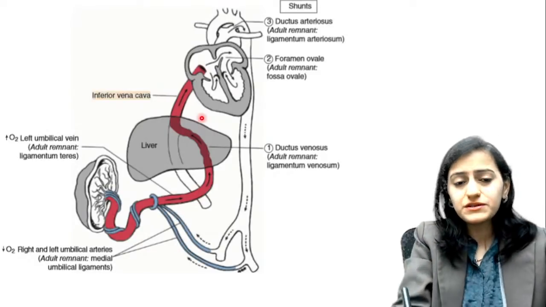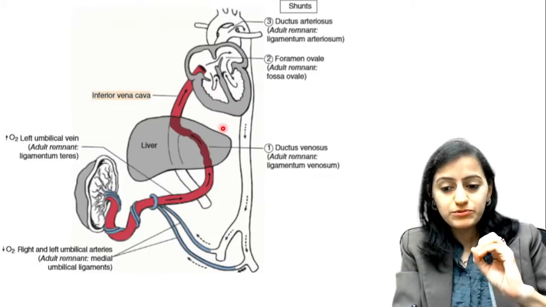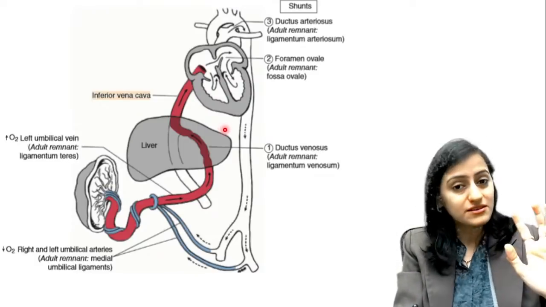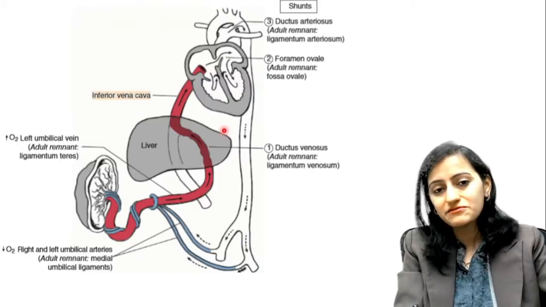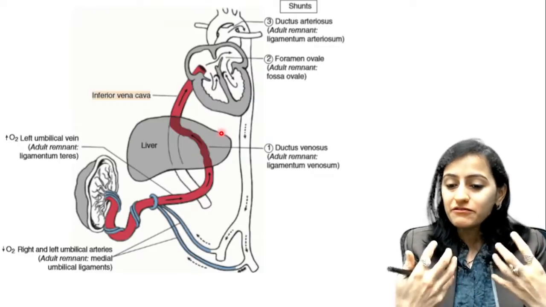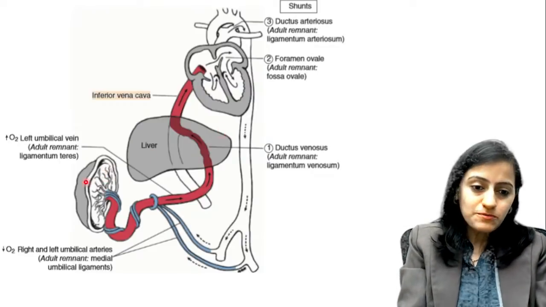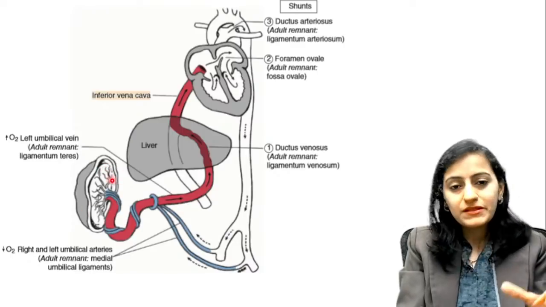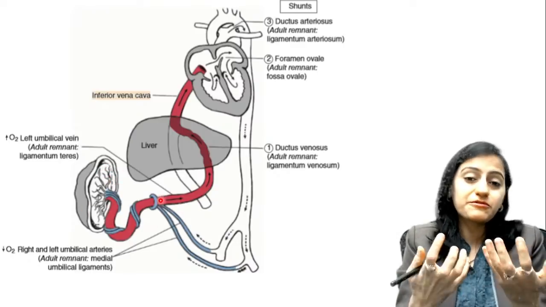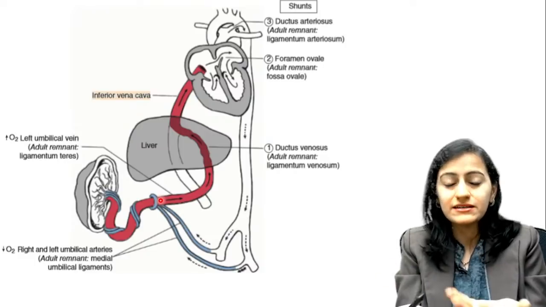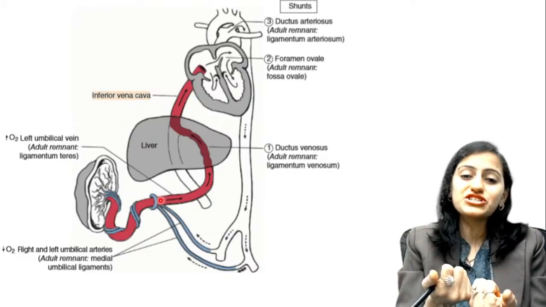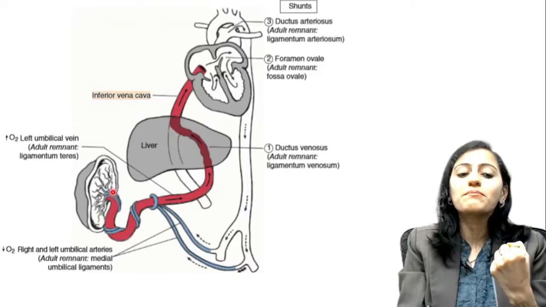To begin with, you need to know the fetal circulation very well. You need to know how exactly the fetal circulation works, then we will know the veins' development. So basically we have the placenta, the blood to the fetus. The fetus is dependent on the mother, right? So the oxygenated blood is carried via the umbilical vein.